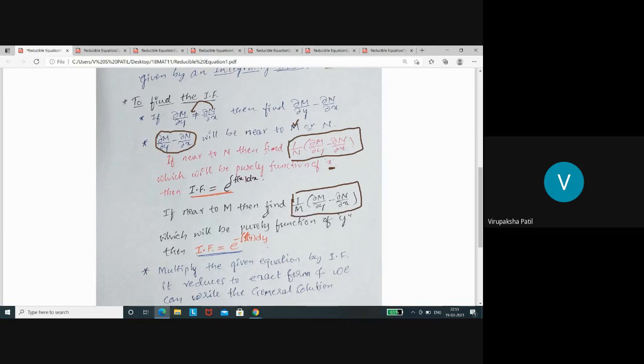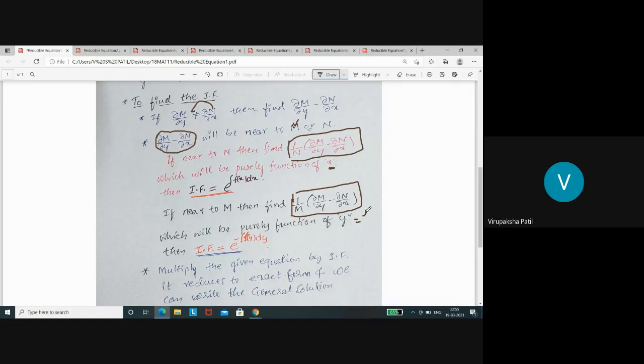Now this quantity will definitely be purely a function of y, which we are going to write as f(y), or sometimes some persons use g(y), nothing to it, it will be a function of y. Then the integrating factor is given by e to the power minus integral of f(y) dy. Keep in mind, e to the power minus integral of f(y) dy.